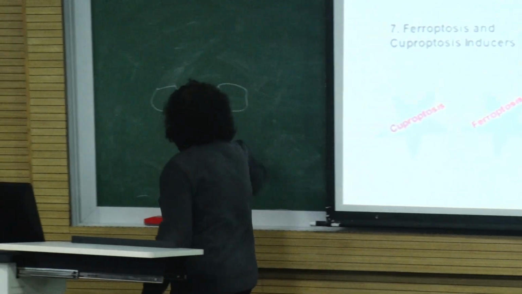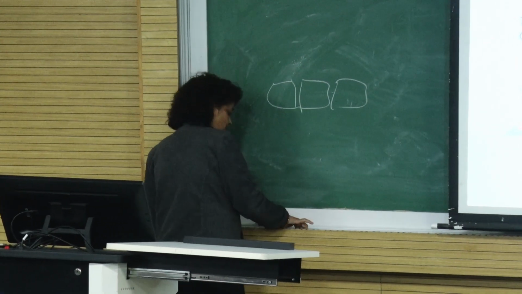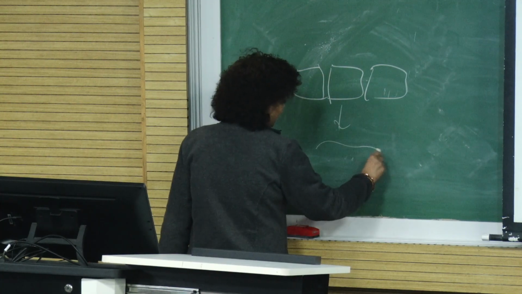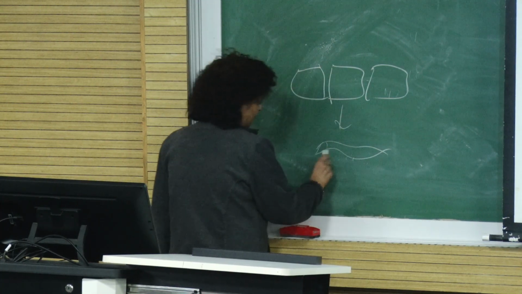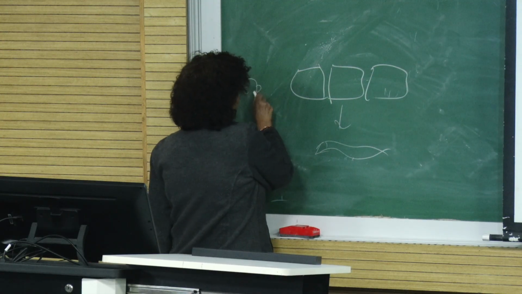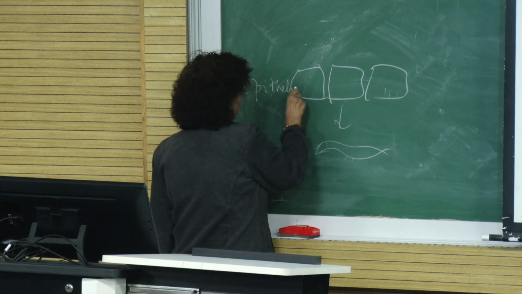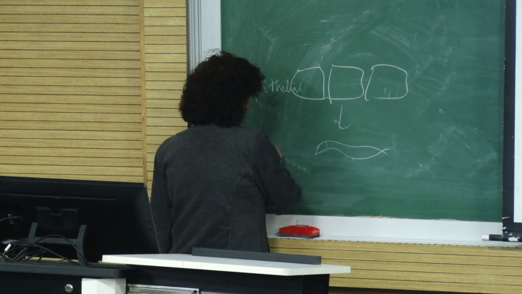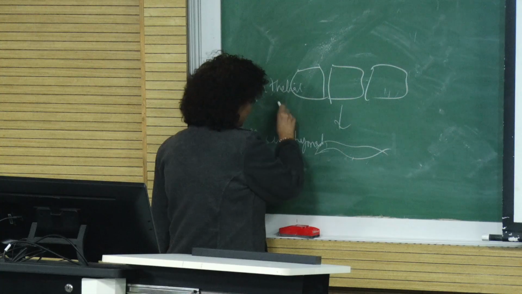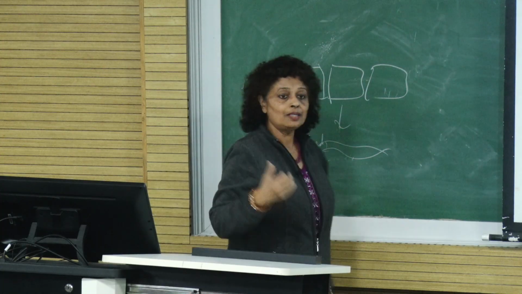So if this is the normal cells, I also have a slide to show you this thing. They will become like this kind of cells. Look at the shape here, really different. So this is epithelial morphology and this is mesenchymal. Okay, so what is the advantage of this transition, epithelial to mesenchymal?